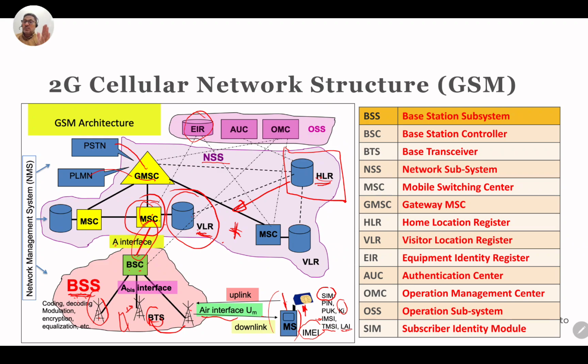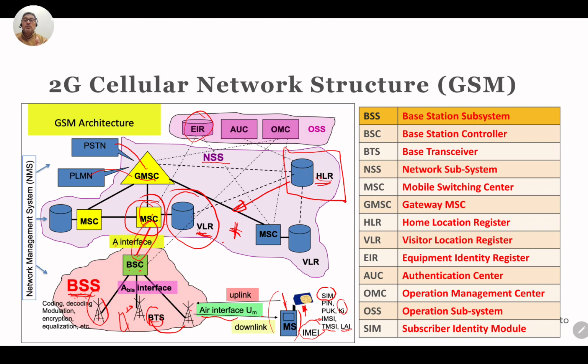So in the core network, just remember this, we have mainly three items: the mobile switching center, which is the very important one; the home location register, which is just a database containing all information of customers belonging to that operator; and the visitor location register.